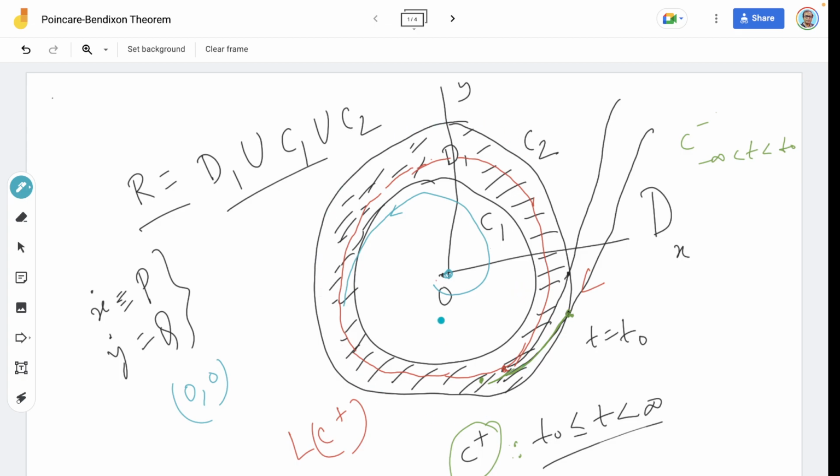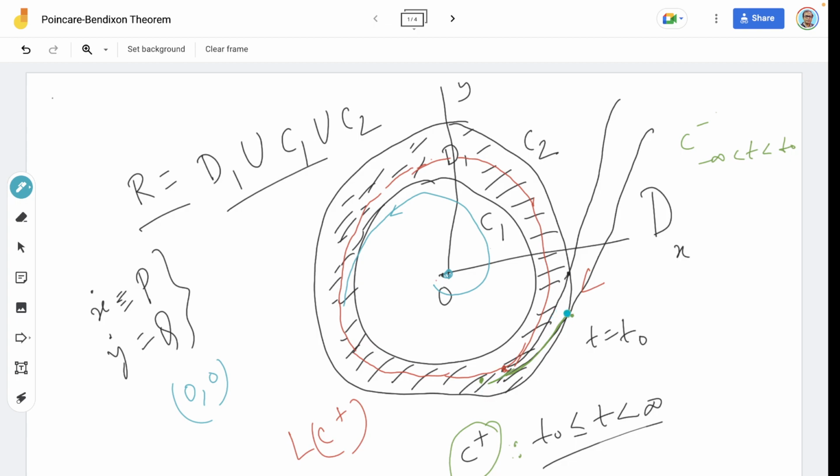So if there is no critical point of the system in this annular region R, then the half path C plus, this path is C plus and this path is C minus. This is the whole trajectory for any particular constant value.